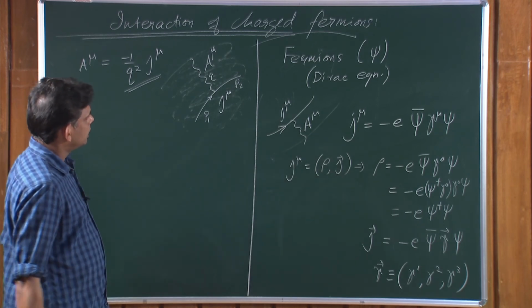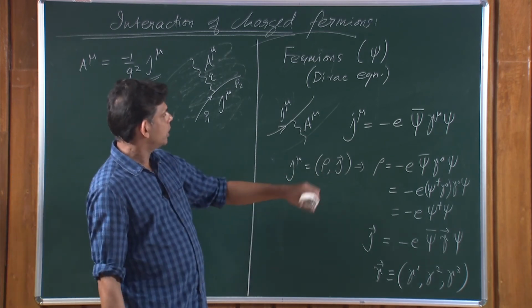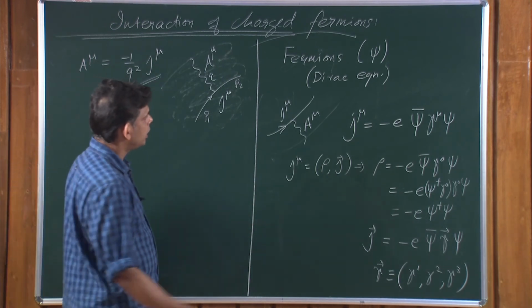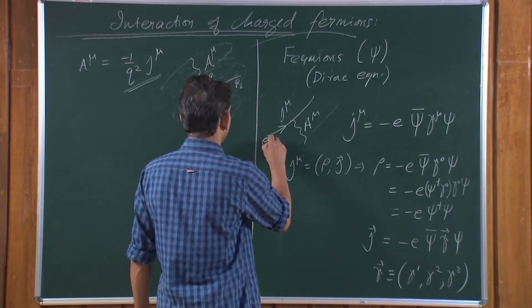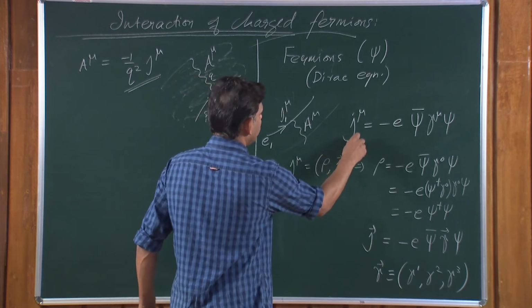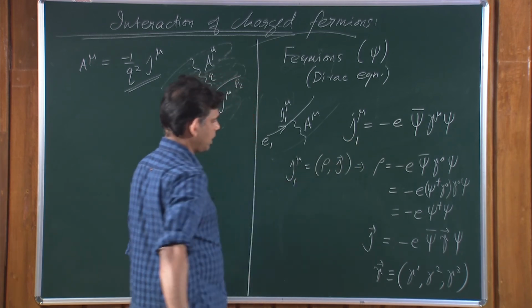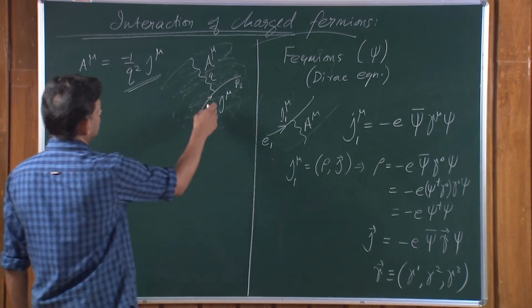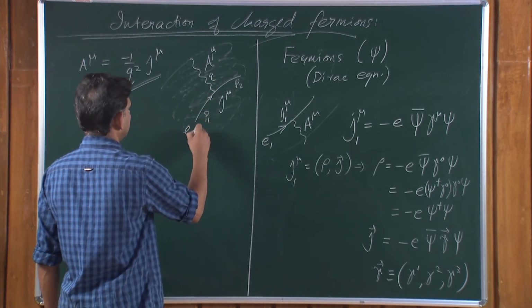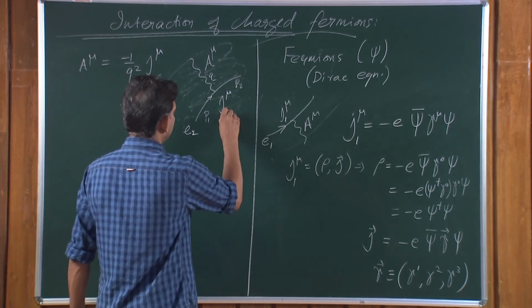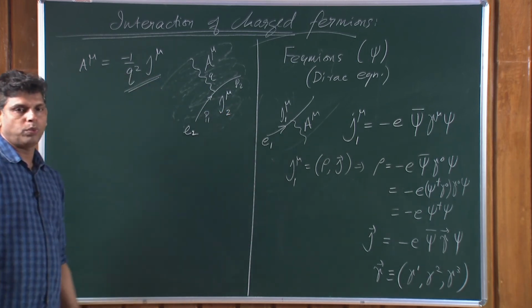Now, let us look at this and that together. For identification, let me denote this as electron 1 and the current due to that as J 1, and this as another charged particle, electron 2, and the current due to that is J 2.